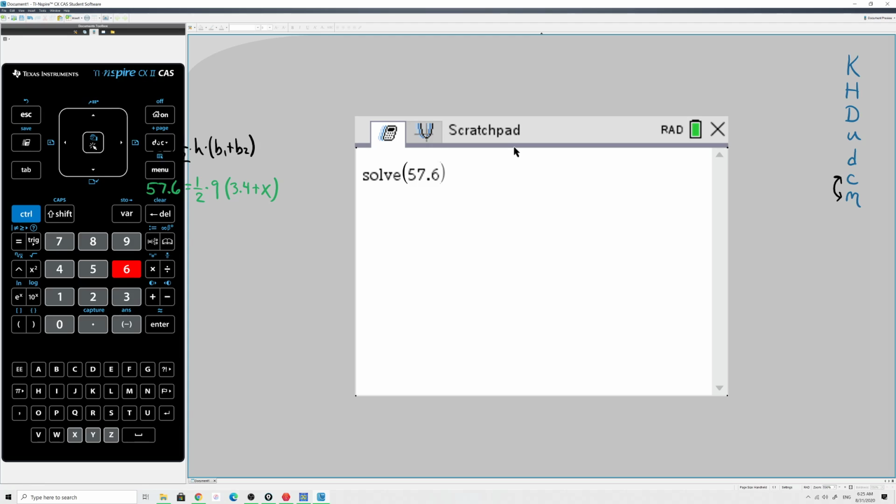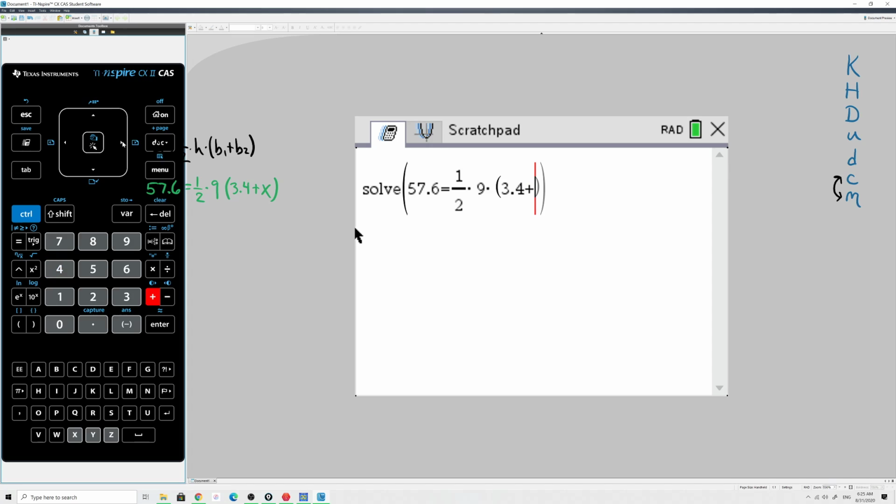So 57.6 equals, it's a good habit to always use a fraction template when dealing with fractions. Sometimes it doesn't matter, sometimes it does. Just always use the fraction template. So the area equals 1/2 times the height times 3.4 plus x. So that's the equation that we wrote.